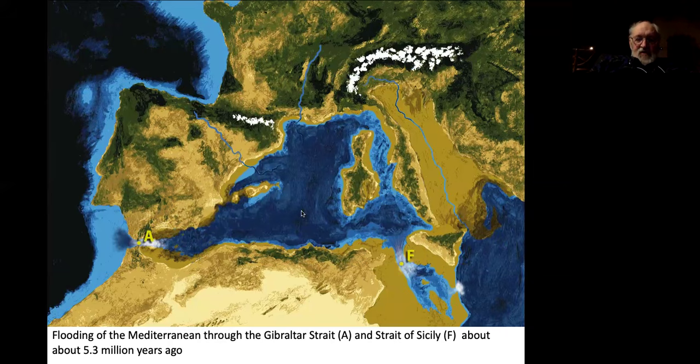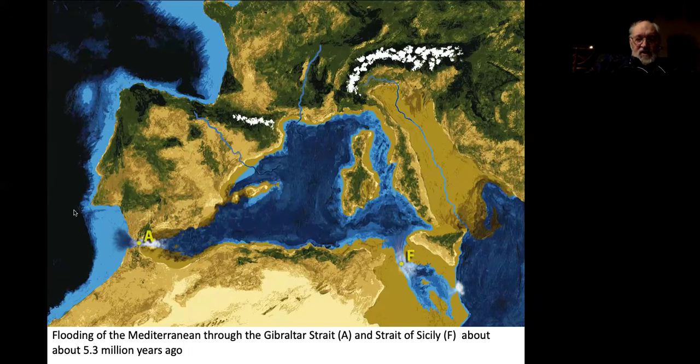The climate was such at that time that any water that was in the Mediterranean basin evaporated, and this is evidenced in huge salt deposits that occur within that basin. And it was actually a dry desert.